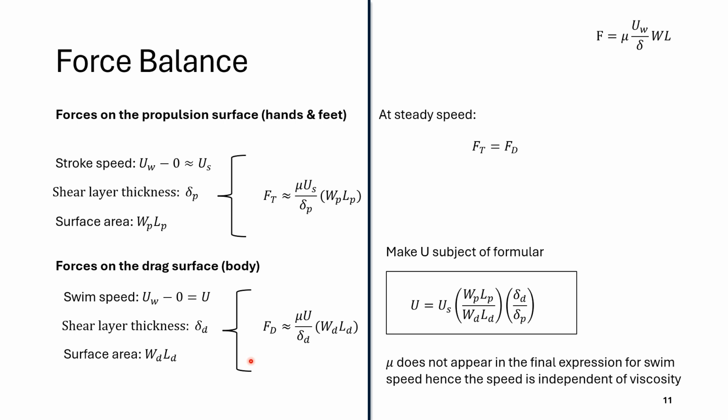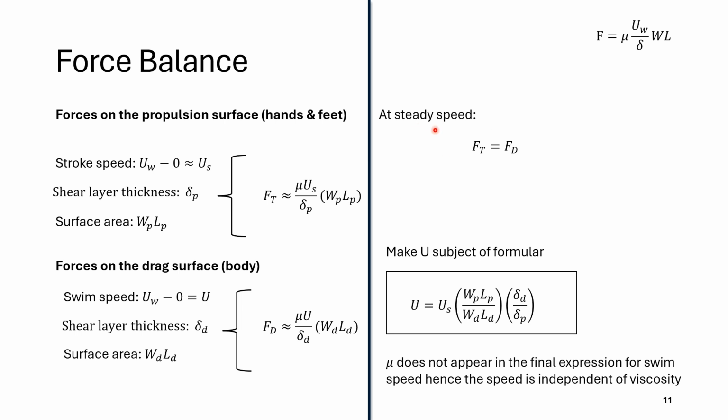We then look and see that the forces of drag are very similar. We've got force of drag equals that same viscosity, the speed of the fluid that we're swimming through, and the thickness of fluid below the swimmer, and again, this is the area of the swimmer that multiplies this unit area to scale up to the size of the swimmer.